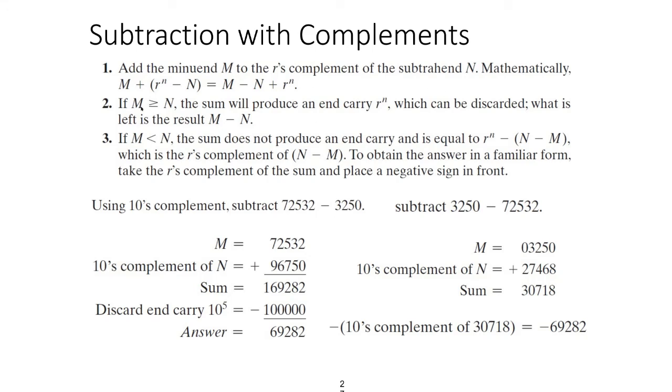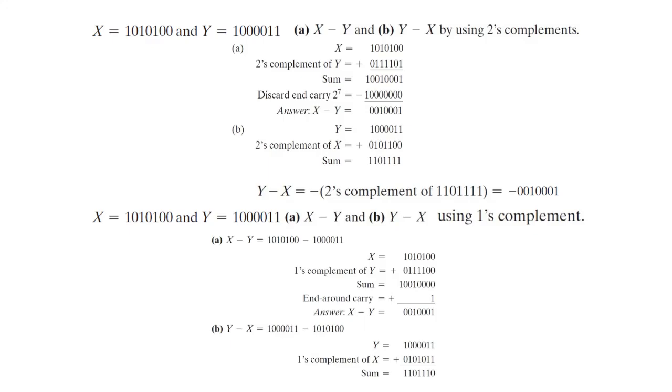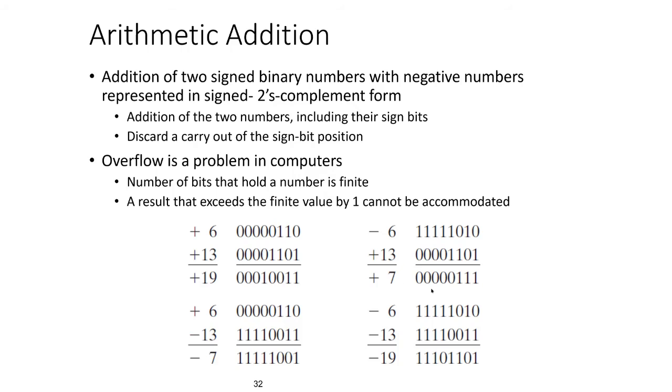we essentially have it where the more positive number, the minuend, is greater than or equal to n. So the result is where we have a carry at the end, and we just discard it, okay? The next case is the other case that we were looking at.